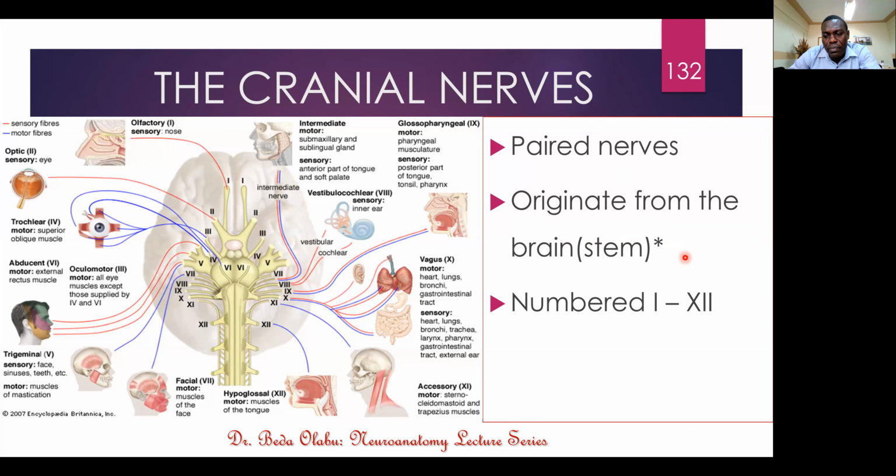We name them using numbers and names. The numbers are usually in Roman numerals. So we talk of cranial nerve number 1 up to the 12th cranial nerve, but conventionally we name them according to the Roman numerals rather than the Arabic numerals that we're used to.